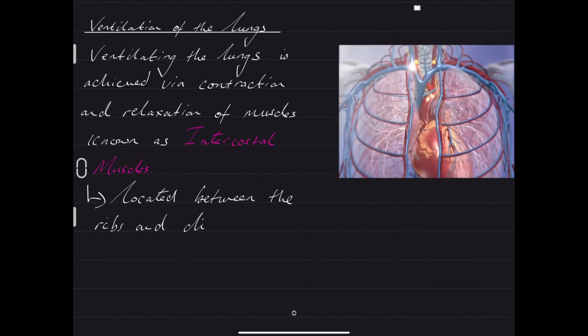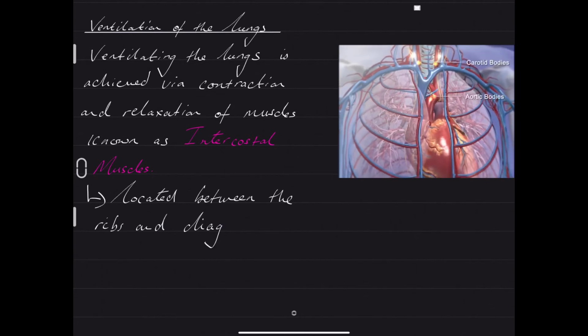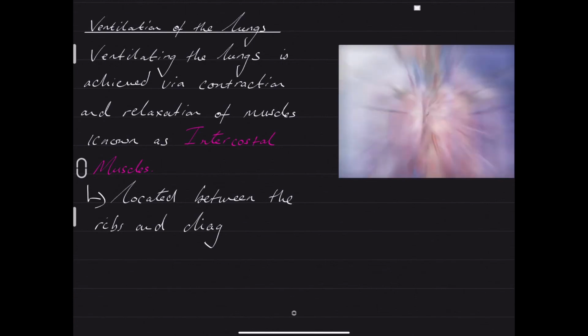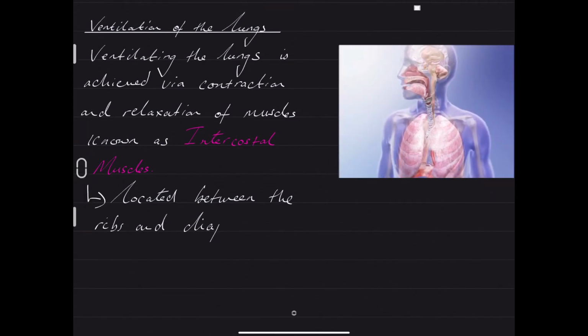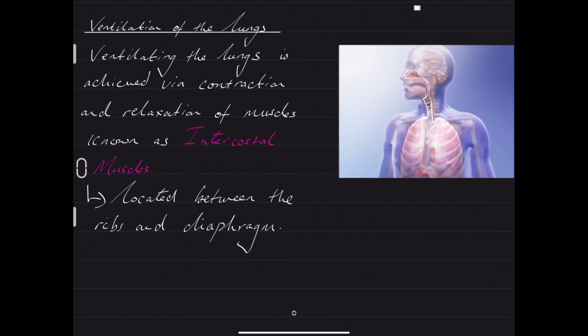So just be aware where you will find the intercostal muscles, located between the ribs and the diaphragm.